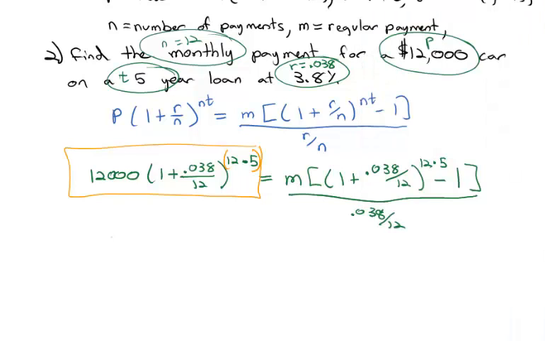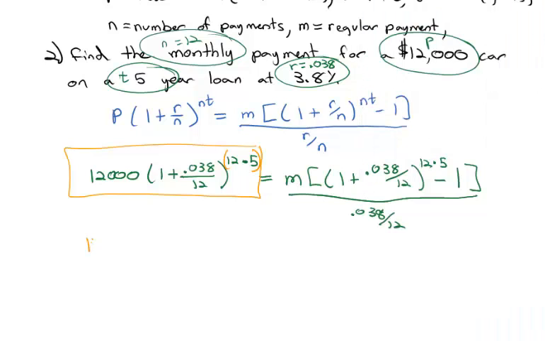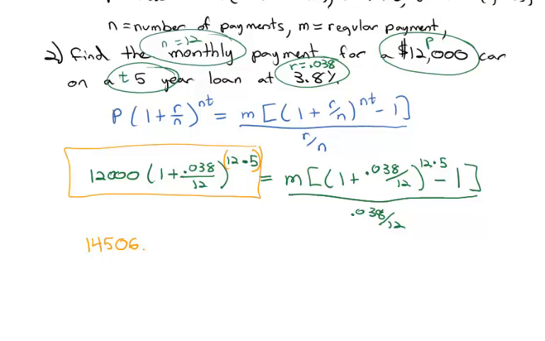So 14,506.63963 is equal to, now we're going to type this other part into the calculator and multiply it by M.